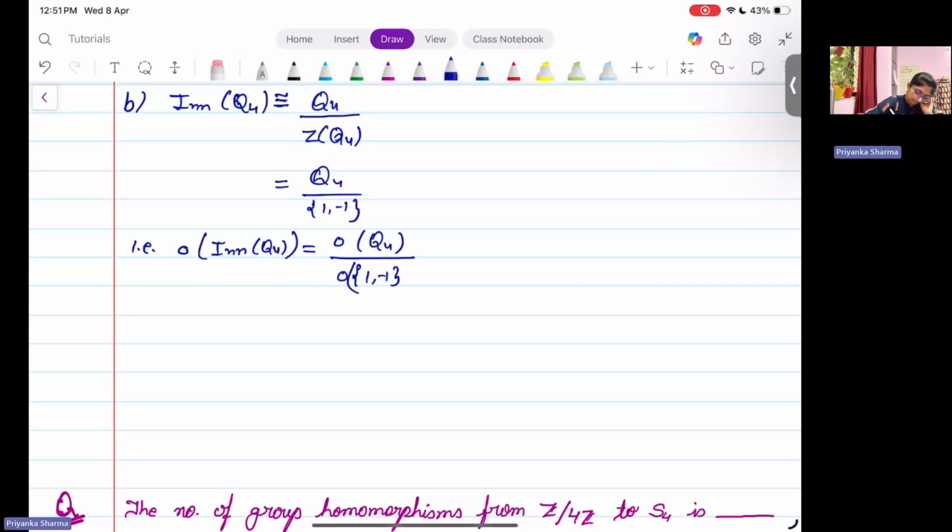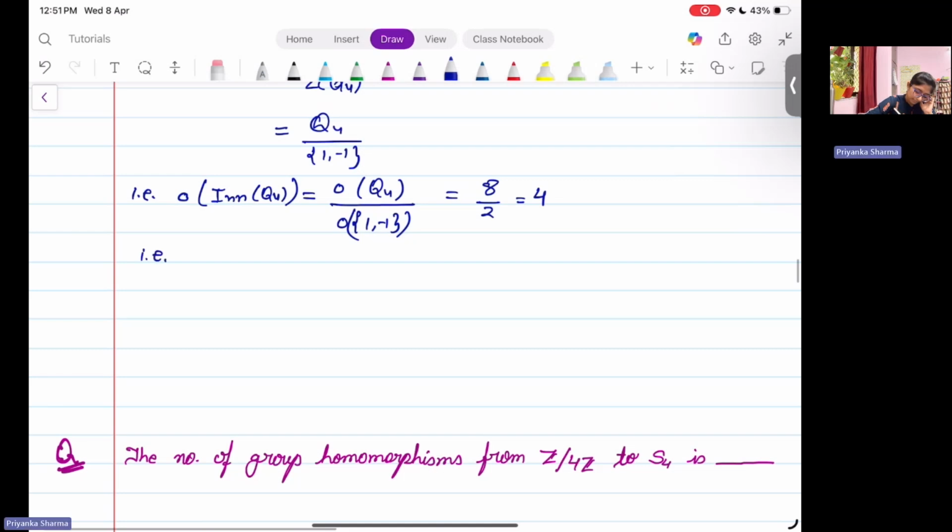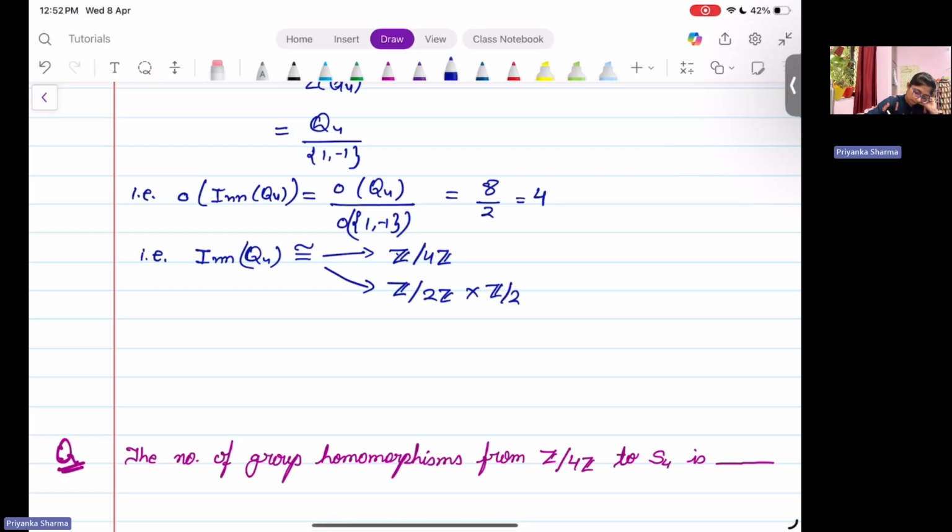We have 8 elements in Q4 and here we have 2 elements, so this will be 4. That is, the order of the inner automorphism group of Q4 is 4. So this can be isomorphic either to Z mod 4Z or Z mod 2Z cross Z mod 2Z.